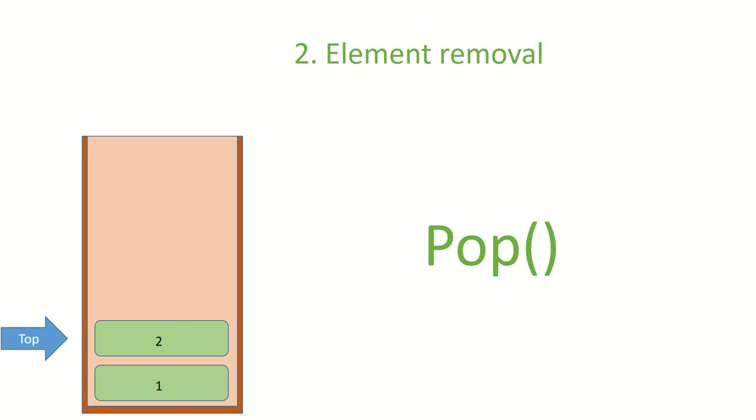Now when you call the pop method on this stack object, it will remove the element pointed to by the top pointer. And now top will again find the last inserted element. Currently there is only one element in this stack, so 1 is the last inserted element. If you call the pop method again, 1 will be removed and the top pointer will point to null.